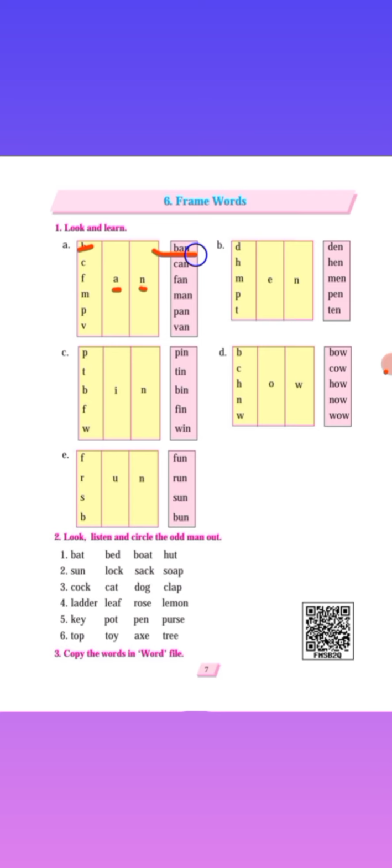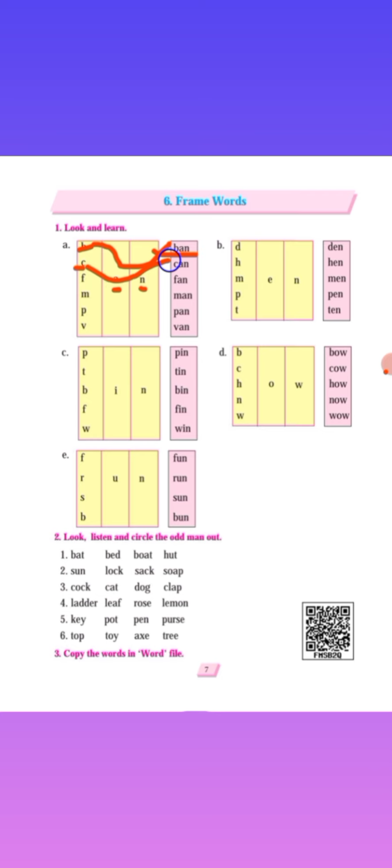Then C A N. Here first vowel is given A and later is given N. So from A and N we have to make words. Here given B A N, ban. Then C is given, so C A N, can. B A N, ban.